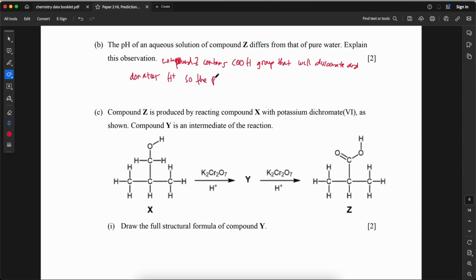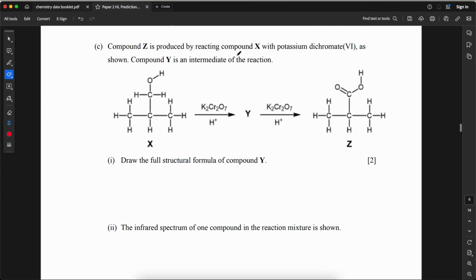So the pH would be slightly decreased, or less than 7.